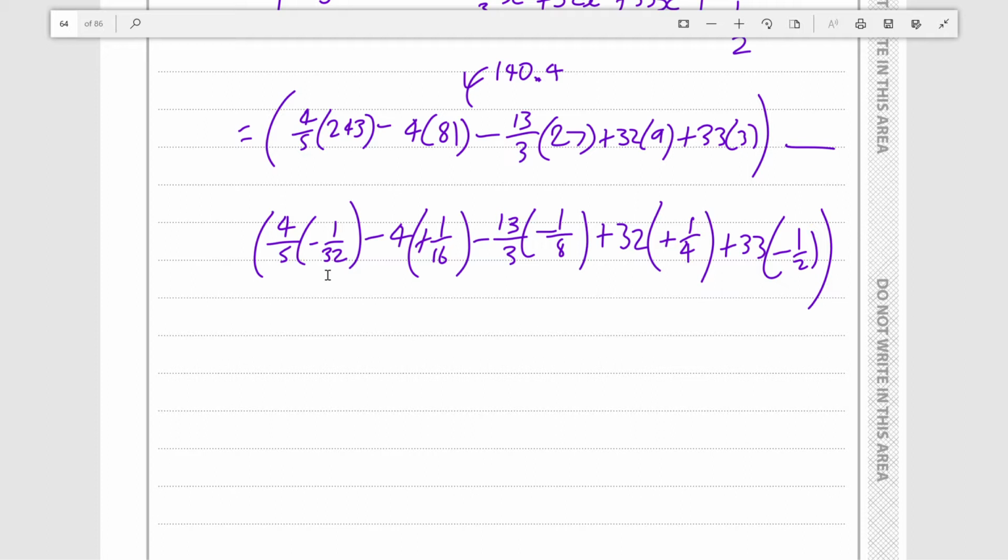And then minus 13 over 3 times minus 1 over 8, and that brings us to 4/15. Plus 32 times a quarter, so plus 8.